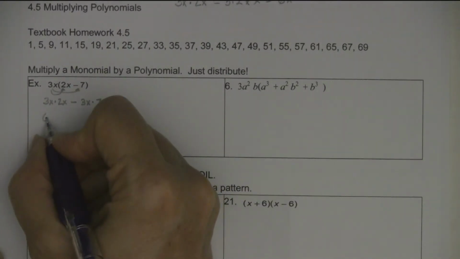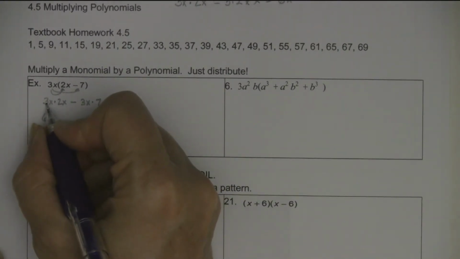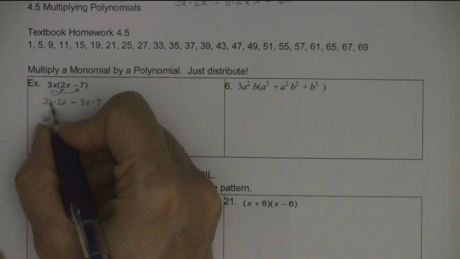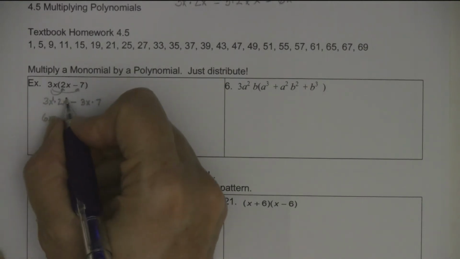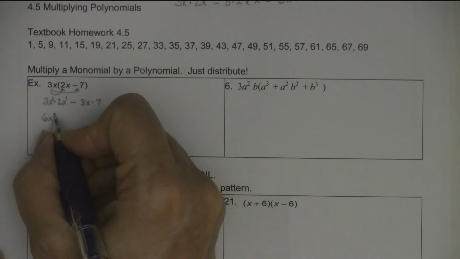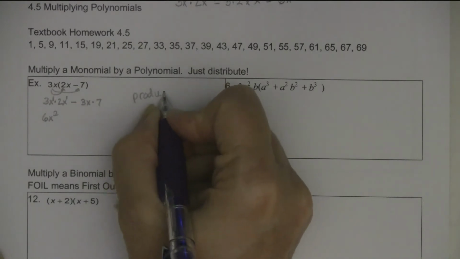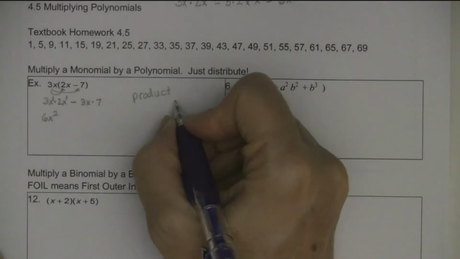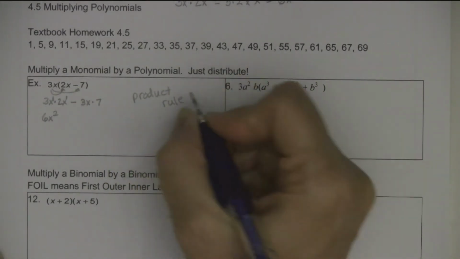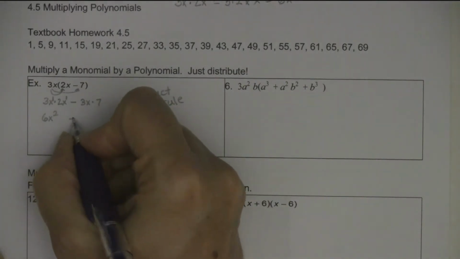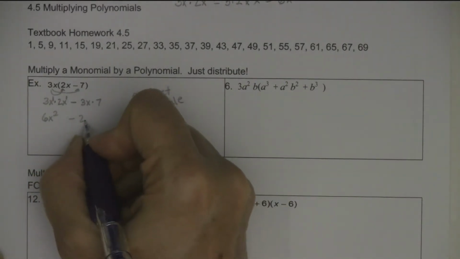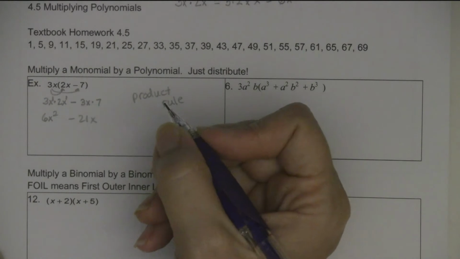So that's 6, 3 times 2 is 6, and then x to the 1 times x to the 1 is x to the 2, right? Adding the exponents. That's the product rule that they showed us in 4.1, right? And then minus 21x. And then nothing more can be done with that.